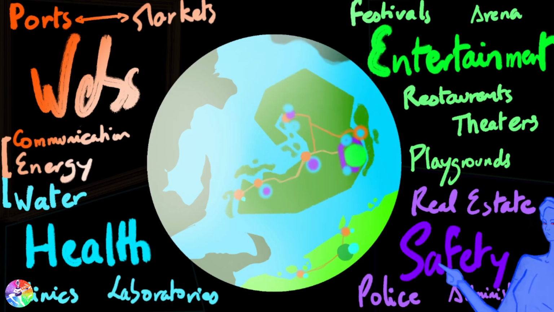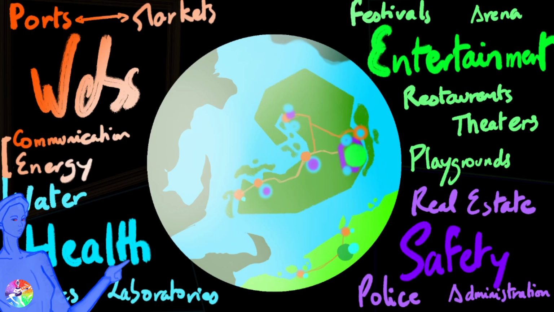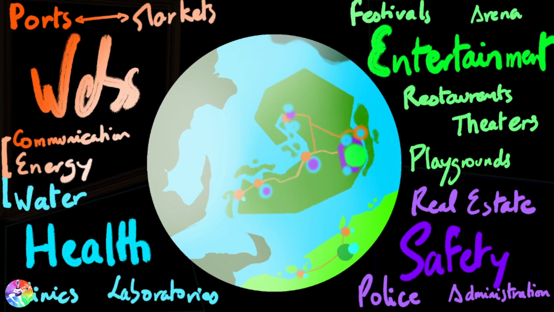The safety kind of infrastructure, which will correspond to most constructions, namely the buildings for the administration and the security companies. Finally, the health type of infrastructure, which will regroup the water web, some markets, the clinics and the laboratories will all be placed simultaneously.